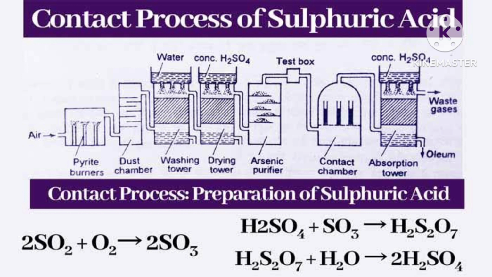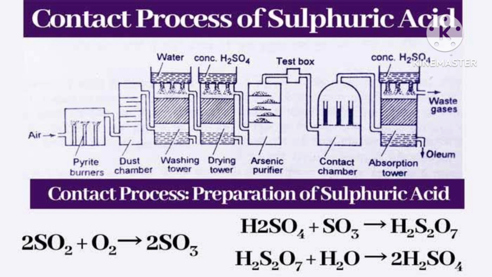Because of its low volatility, sulfuric acid can be used to manufacture more volatile acids from their corresponding salts. Means from the salts you can get the acid. The general reaction: suppose 2MX, where M is metal and X may be chloride, bromide, iodide.